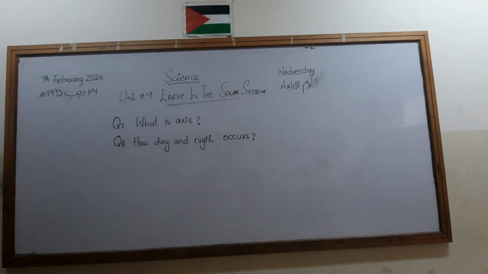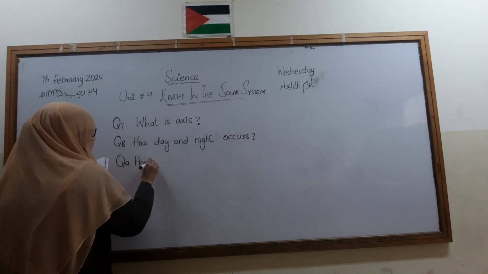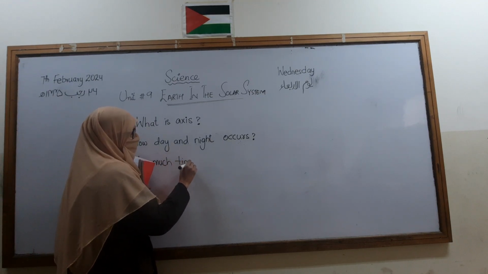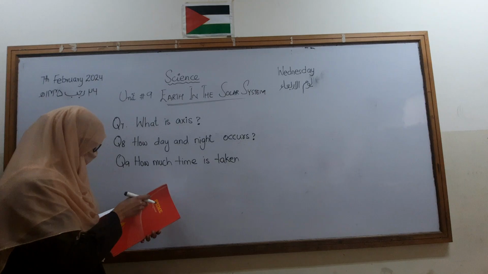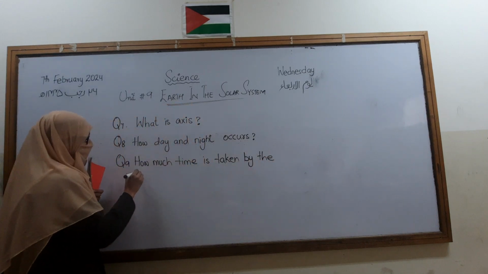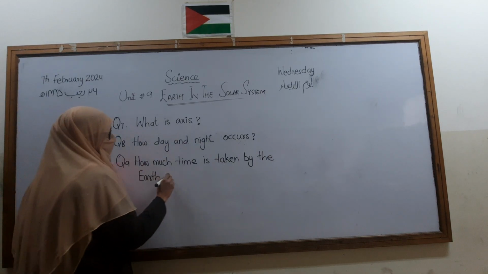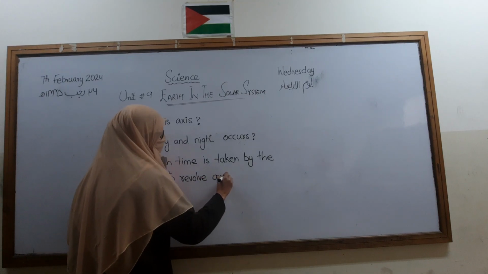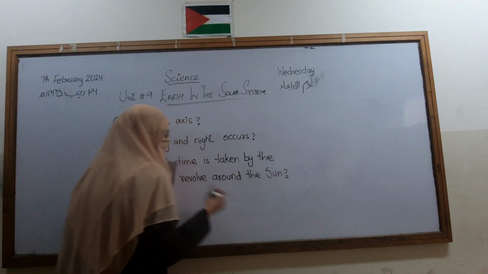Okay, the next question, question number 9 is, how much time is taken by the earth to revolve around the sun?